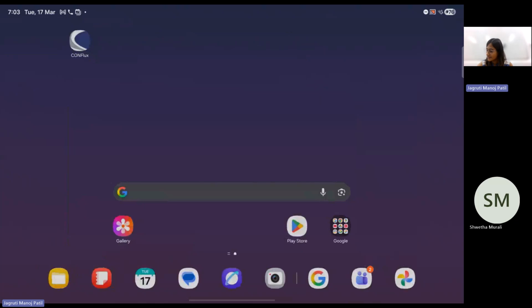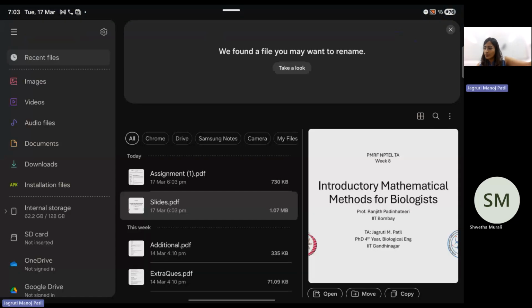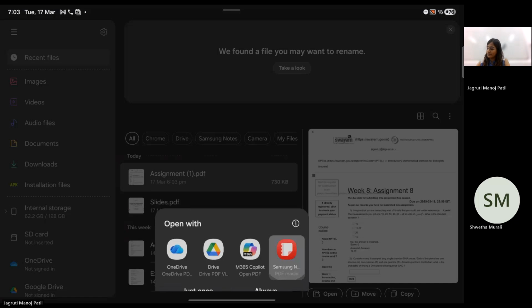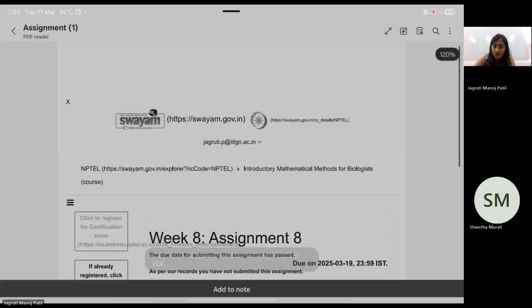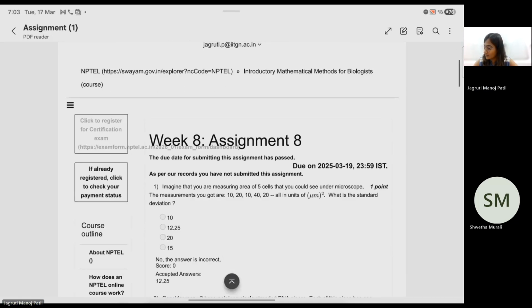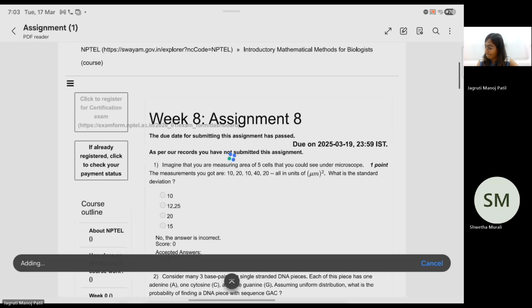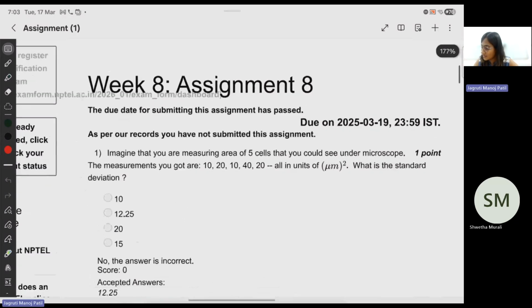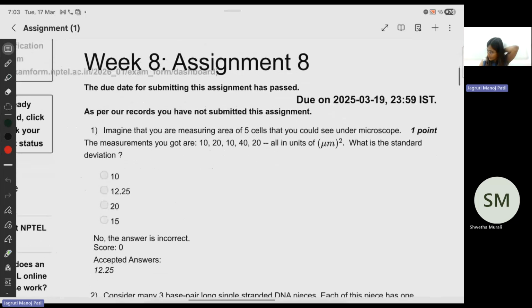Now, if this all is clear, we'll quickly go through the assignment. Okay, I think this week's questions would be more calculation-based, but it's fine.